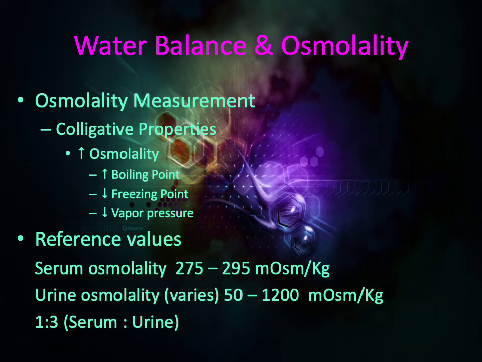The instrument used to measure osmolality is called an osmometer. Osmolality measurements are based on the colligative properties of the solution being measured. Colligative properties are those that affect the boiling point, freezing point, and vapor pressure of a solution. Freezing point depression is the most commonly used method in clinical laboratories.